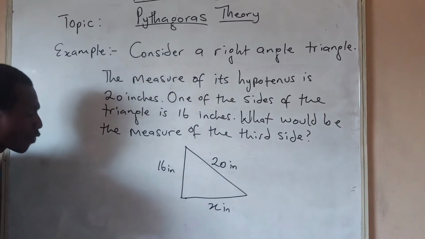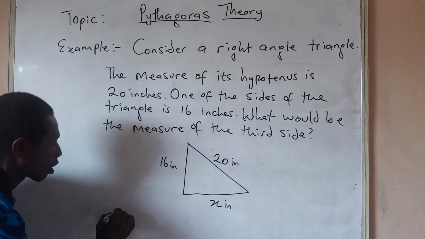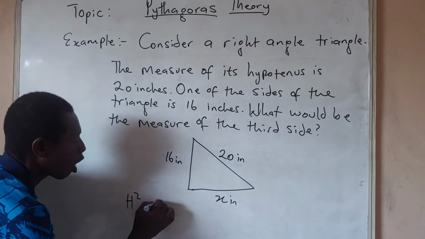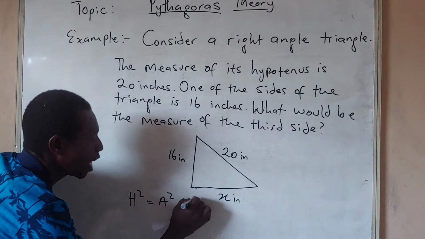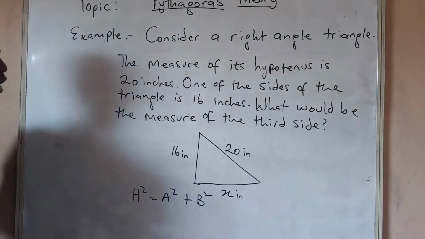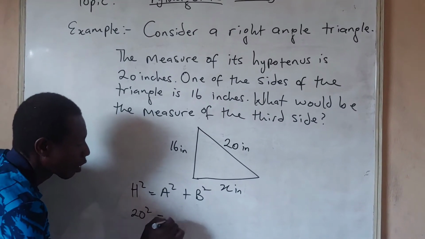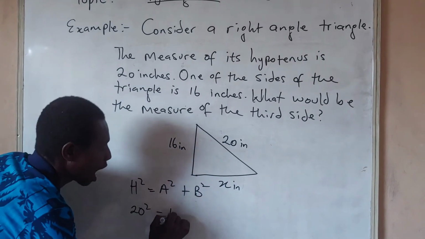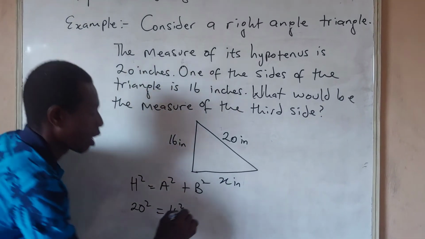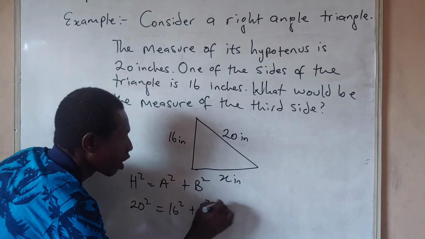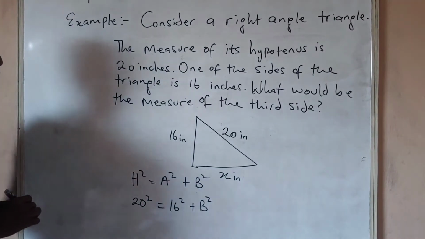Okay, now from the formula, hypotenuse square equal to altitude square plus base square. The hypotenuse is 20 square. Yes, we have 16 square plus the unknown base.